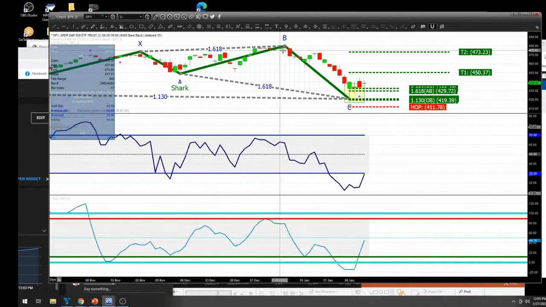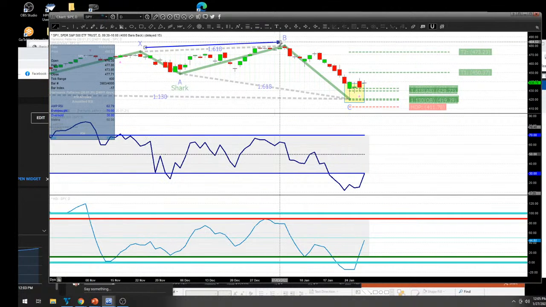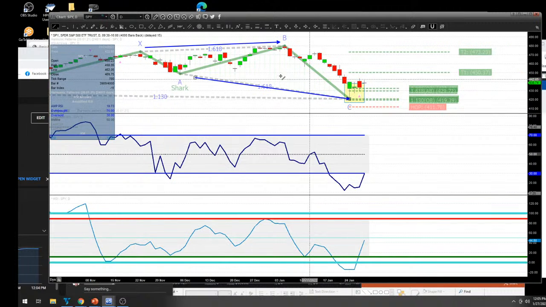Maybe January 3rd, first day of the year, January 4. We peak out at a 1618, no less. Back down to another 1618. Nice harmonicity. X to B, bang. Right back with another 1618.